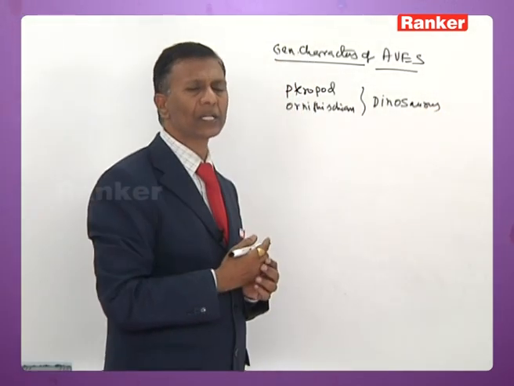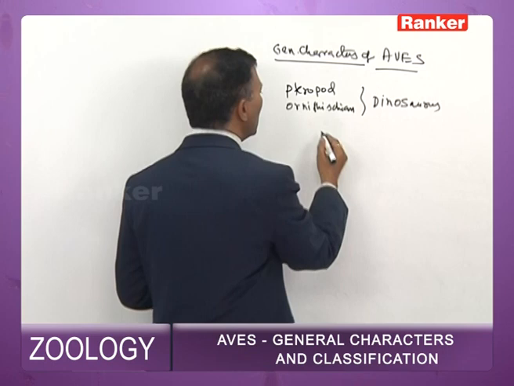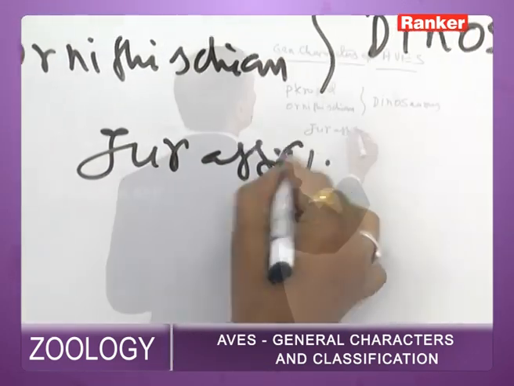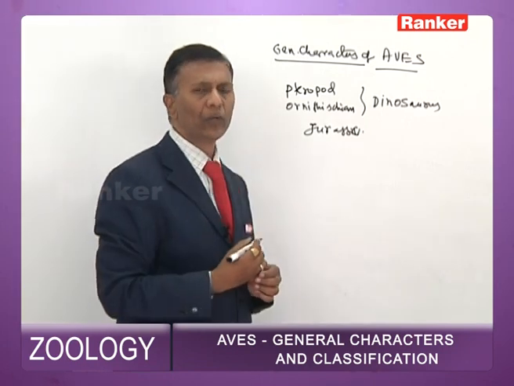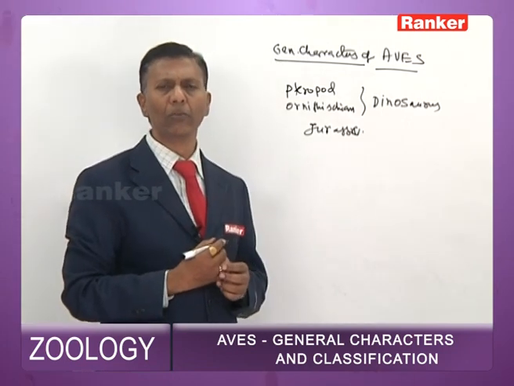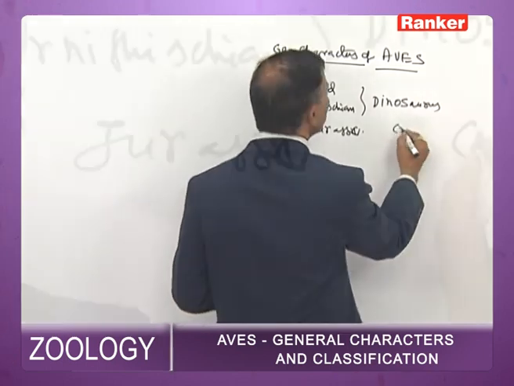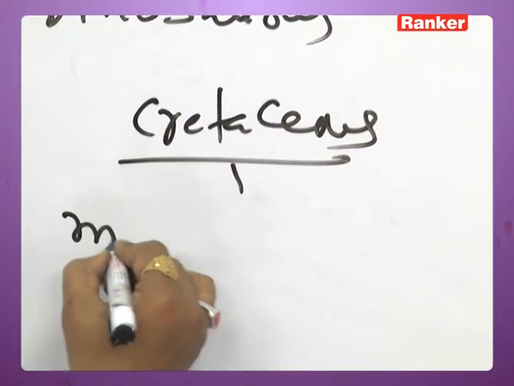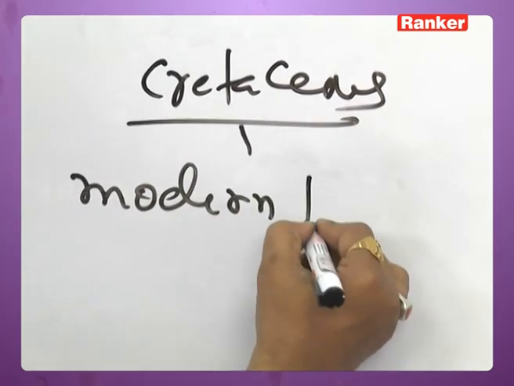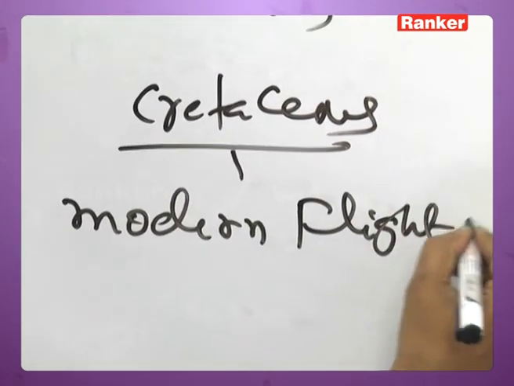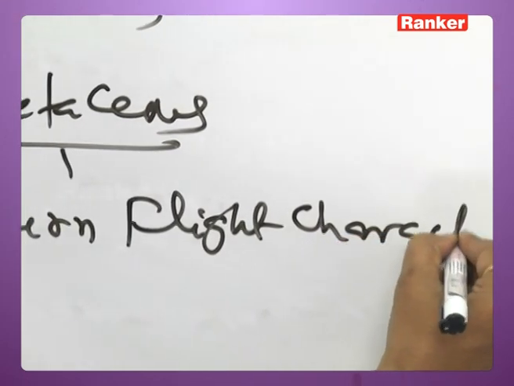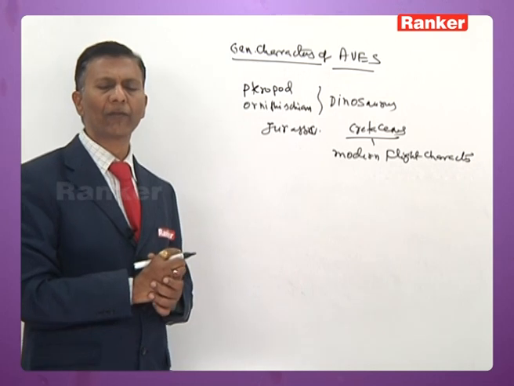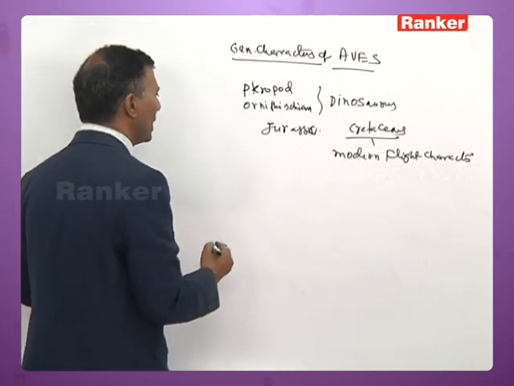Theropod and ornithischian dinosaurs during the Jurassic period gave rise to birds. And during the Cretaceous period, birds acquired modern flight characters.